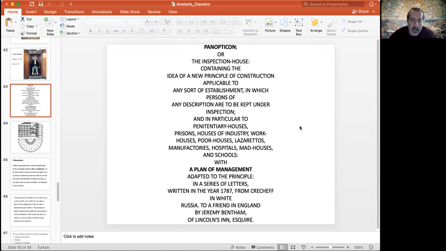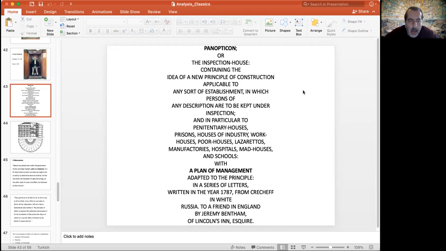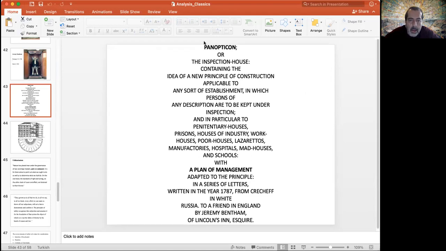Another most interesting work of his is this idea of the panopticon. This is the name of the book. Panopticon, or the inspection house containing whatever. This is the name of the whole book. In the 18th century, people wanted to have these long names for their books.